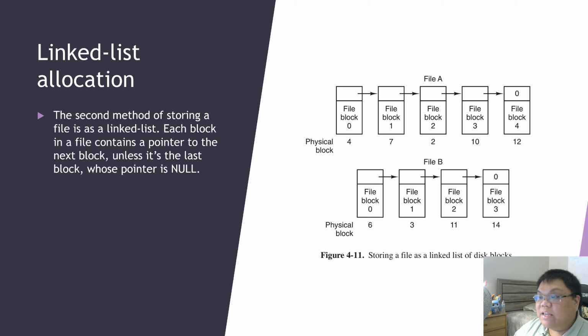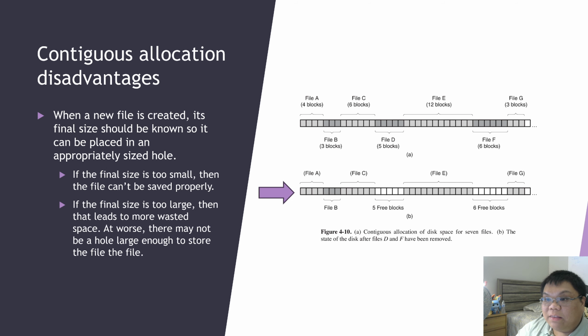Linked list allocation is another way to store files on a disk. So once again, files are stored in blocks, and with contiguous allocation, all those files are stored in blocks that are next to one another. So if a file needs to grow, but there's no space for that file to grow, we have a problem.